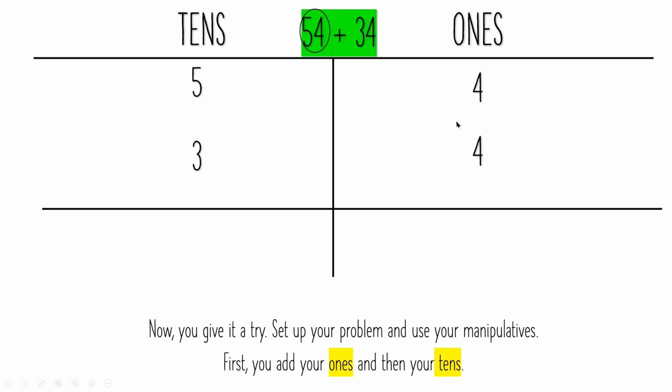Now we're going to add our ones first. So now let's count how many ones we have all together. 1, 2, 3, 4, 5, 6, 7, 8. Now we are going to add our tens.